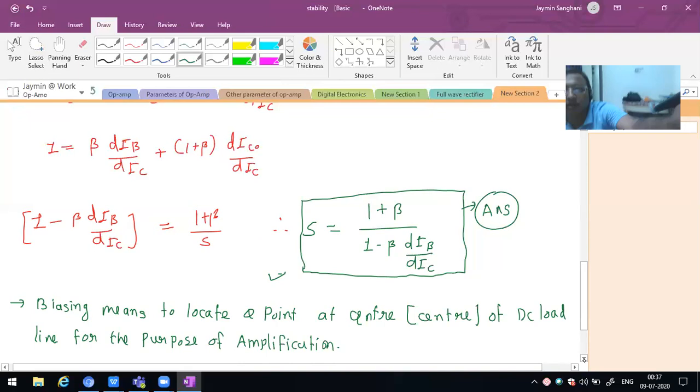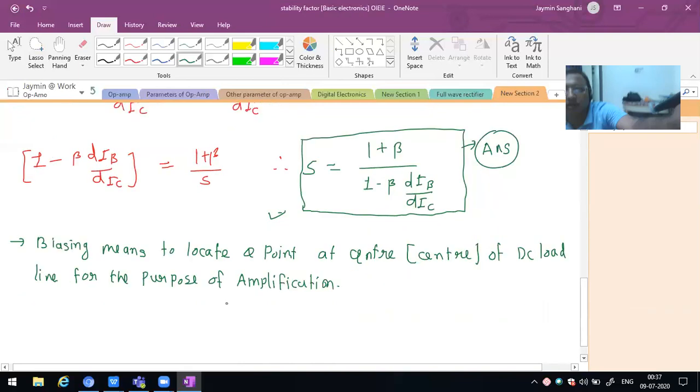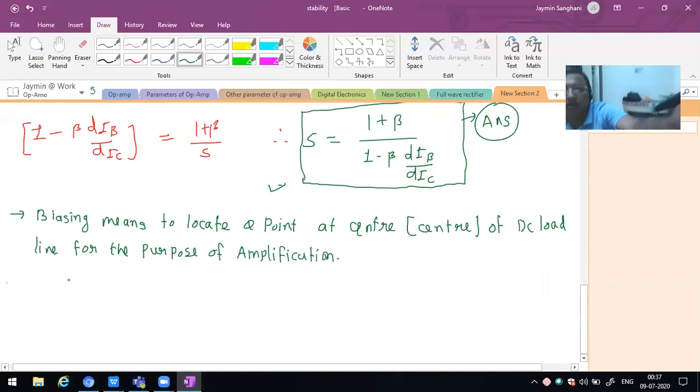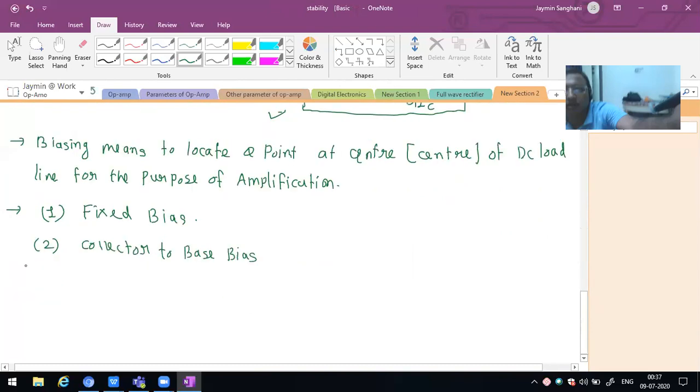There are four types of methods. First, fixed bias method. Second, collector to base bias method. Third, emitter bias. And fourth, voltage divider bias.